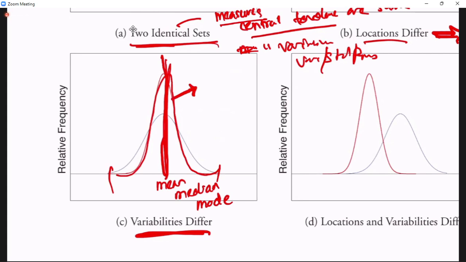What do you think? Variability is less. In the blue curve, variability is high. So if you have a relative frequency histogram like this, it has a high variability.